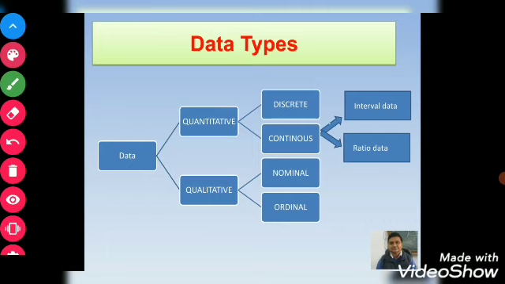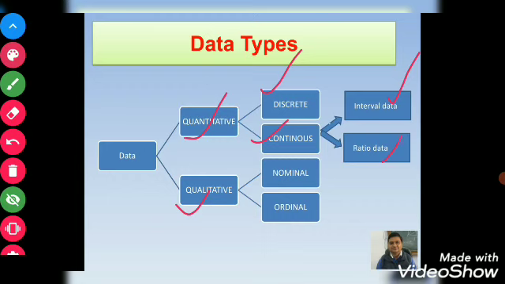So here you can see the data are of two types: quantitative and qualitative. Quantitative data, you know, is discrete and continuous. In continuous, we have seen the continuous data may be of interval type or ratio type.